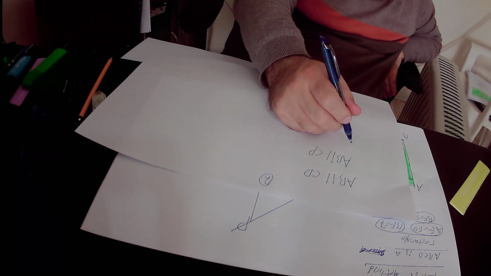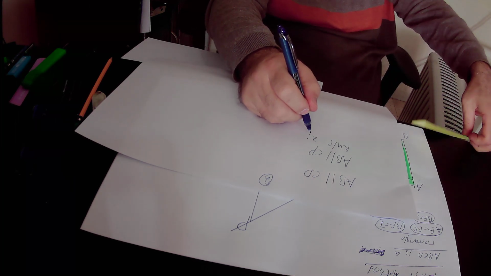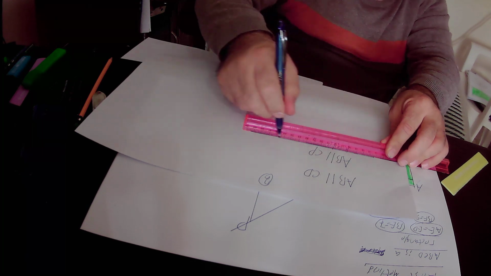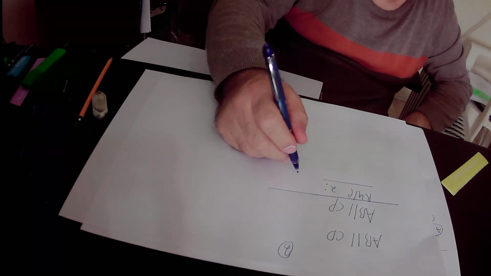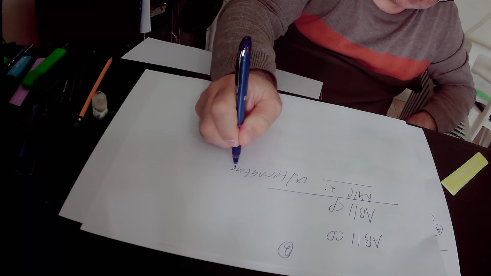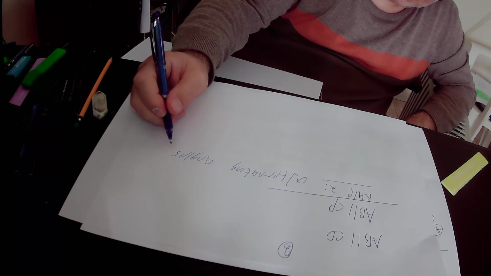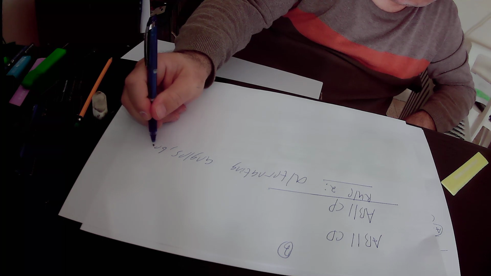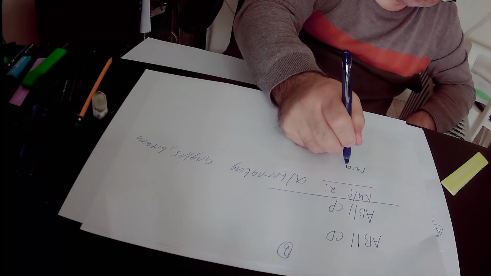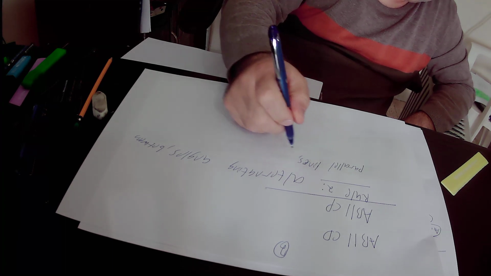According to rule number 2, alternating angles between parallel lines are equal to each other.